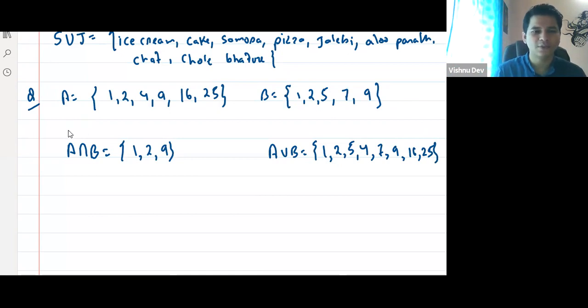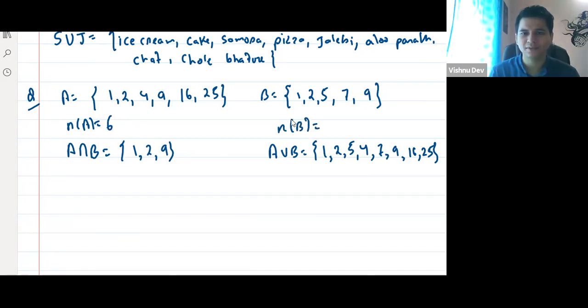So tell me, what is the number of elements of A? Combine them. Yes, very good. So the number of elements of A is 6. What is the number of elements of B?